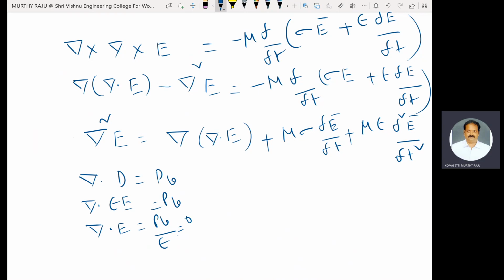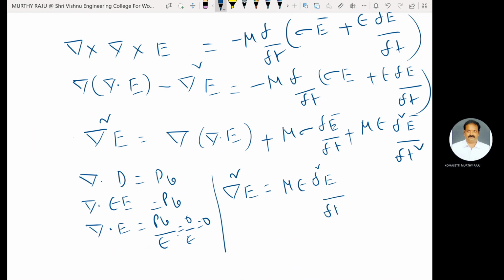Rho v is equal to 0, so that is equal to 0. Finally, del square E is equal to mu epsilon dou square E by dou t square plus mu sigma dou E by dou t.